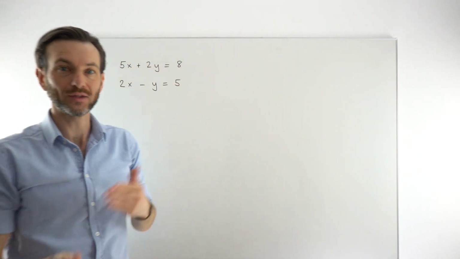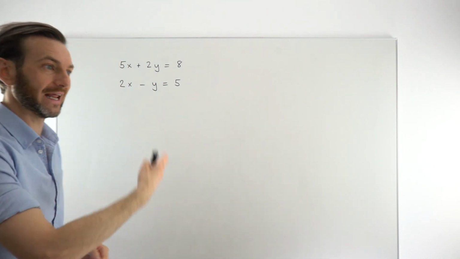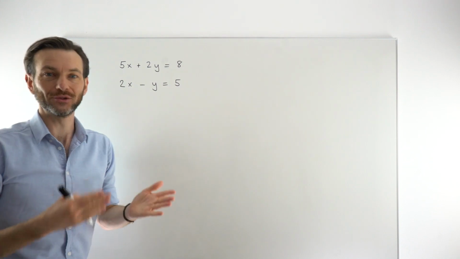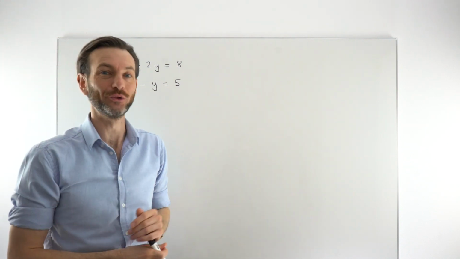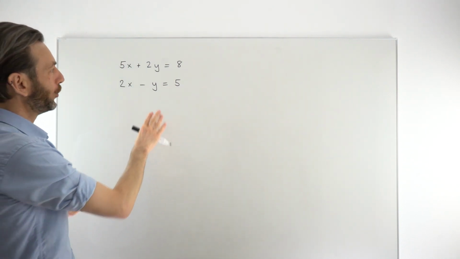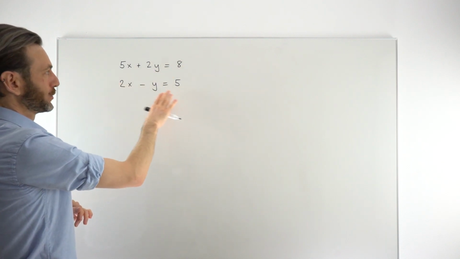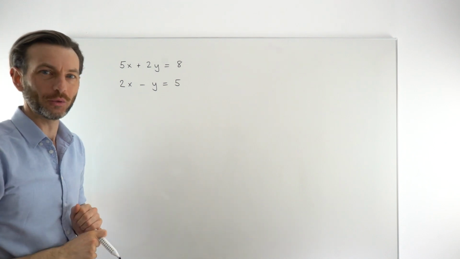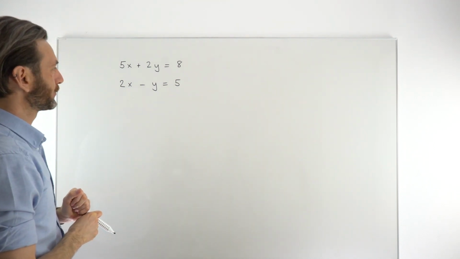So we need that second constraint, or if we had an x and a y and a z, we would need a third constraint to stop the x and the y value just being anything that you want it to be. So you'll always see 2 equations if you've got 2 unknowns. If you don't have that, then something's not right about the question. So that's the first thing to know.